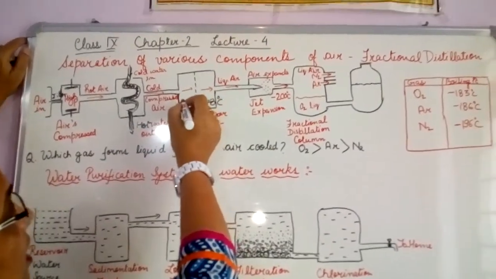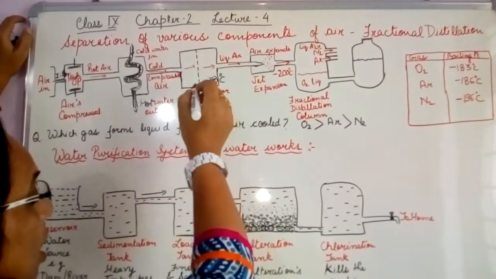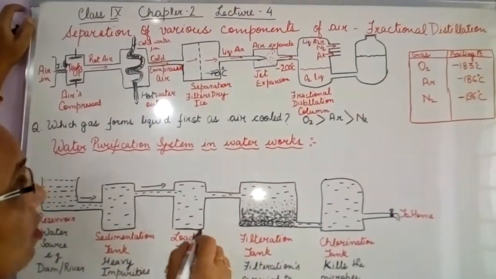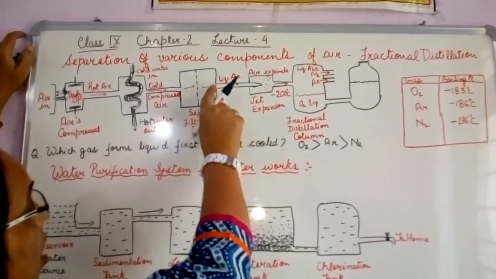So once dry ice is separated, the air moving out of the separator now consists of only nitrogen, argon and oxygen.